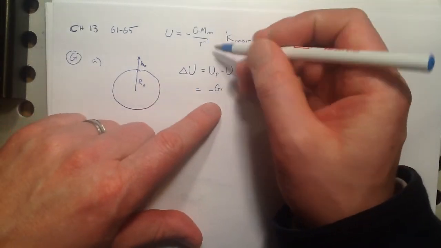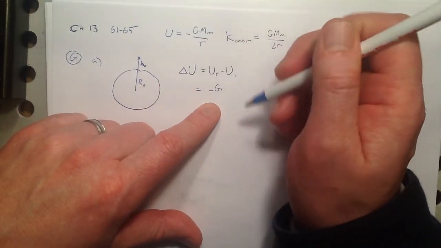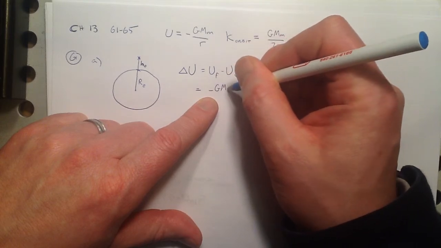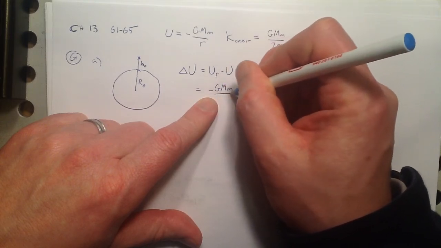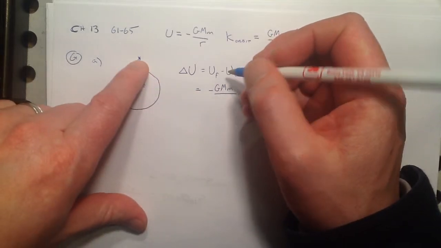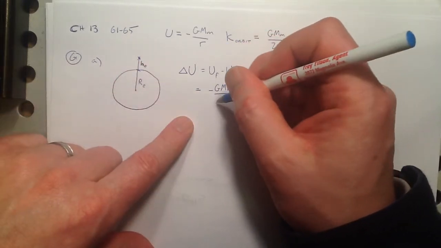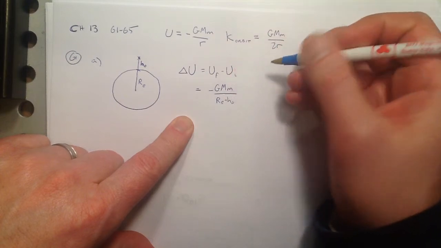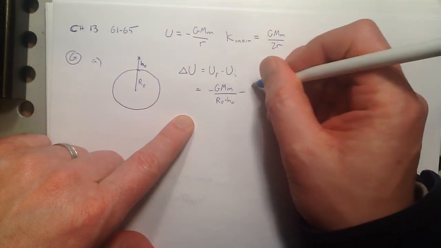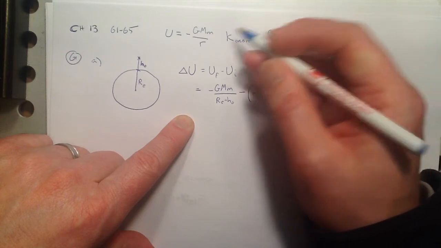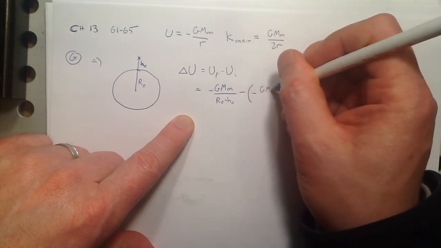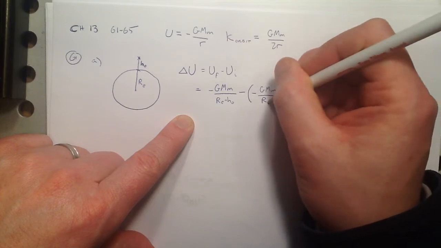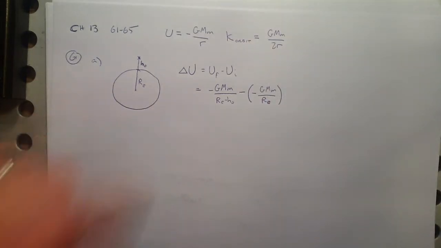So to get it from here to here, we have GMm over its final radius, which would be R, the radius of the Earth, plus that height, minus negative GMm over its starting radius, just the radius of the Earth.